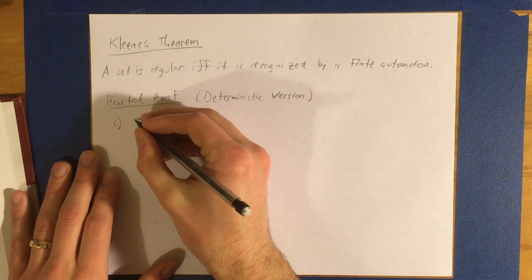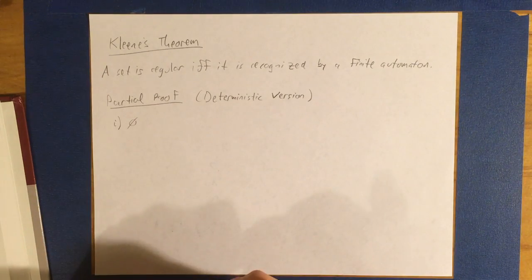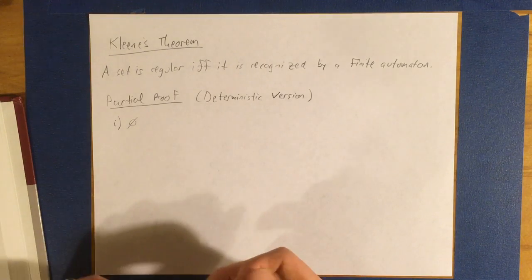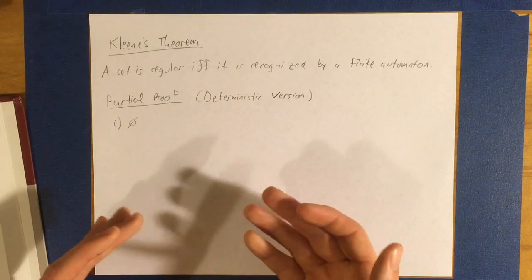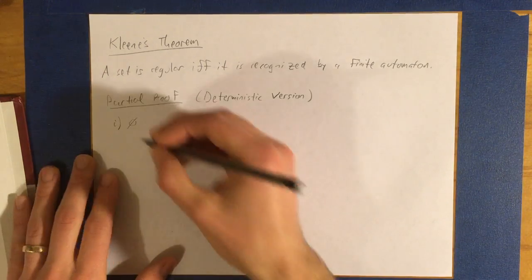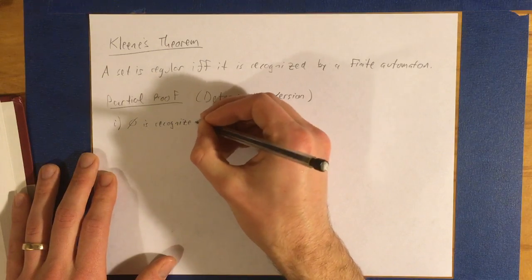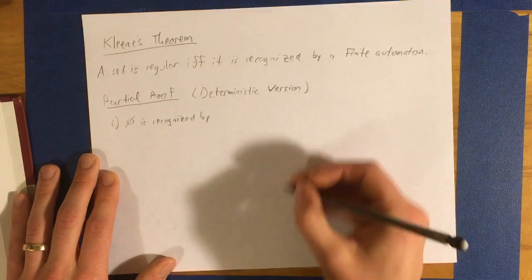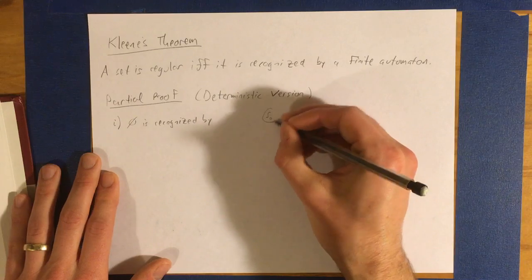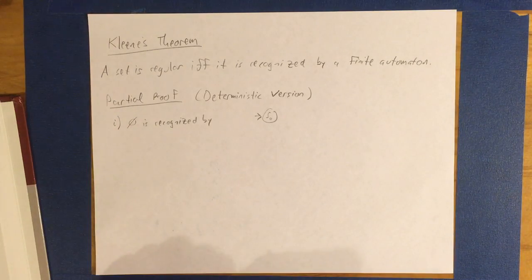So first of all, the empty set is our first base case element that we say is regular. To show that it can be recognized by a finite automaton, we just need to build an automaton to recognize that. Thankfully, that's pretty easy to do. We only need one state, state 0. It's our starting state, and it's not going to be an accepting state, so that way we don't accept anything at all.